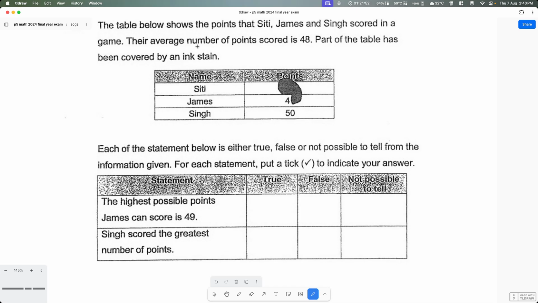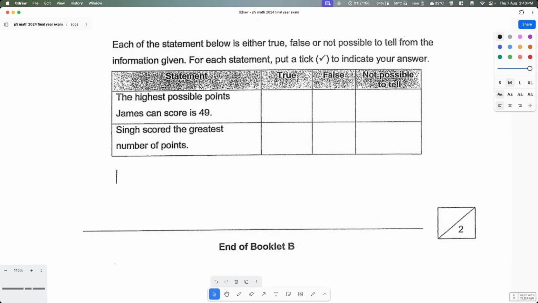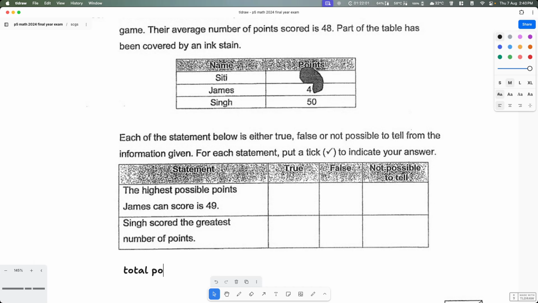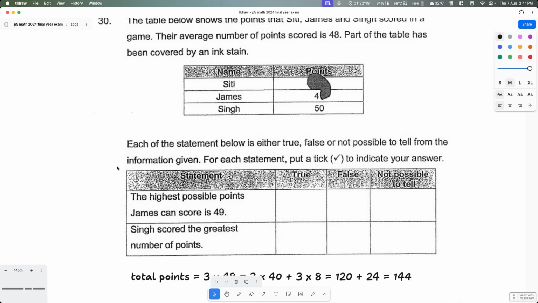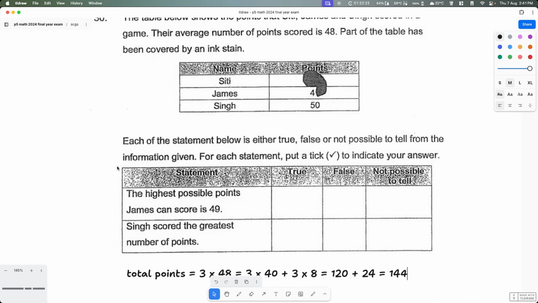Okay, so we know the average number of points. Let us just put here total points. Total points is 3 times 48. So 3 times 40 plus 3 times 8. So it's 120 plus 24, 144. So the highest possible points James can score is 49.